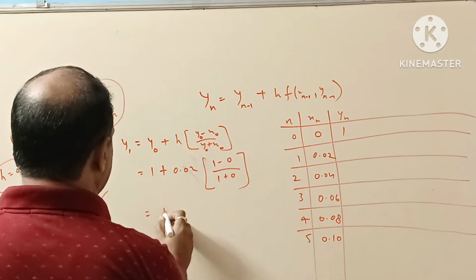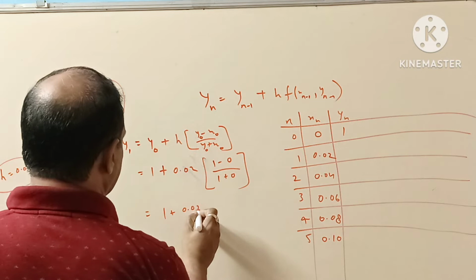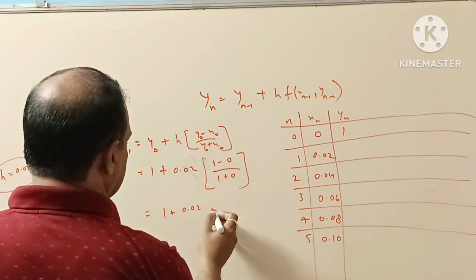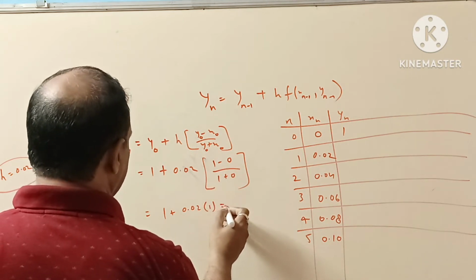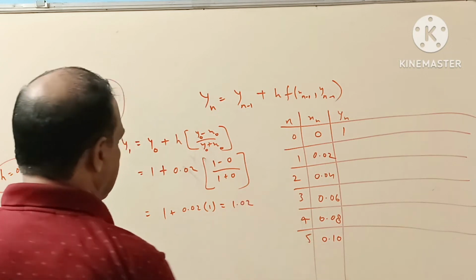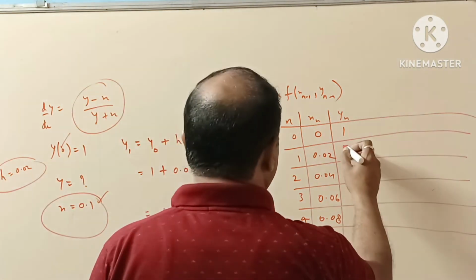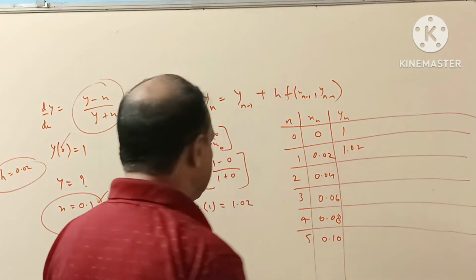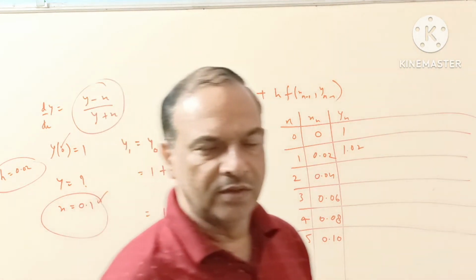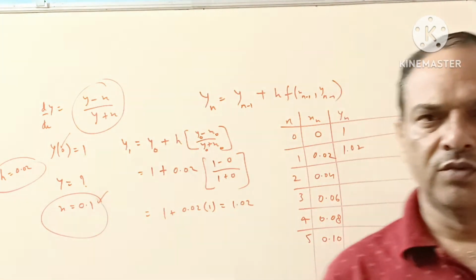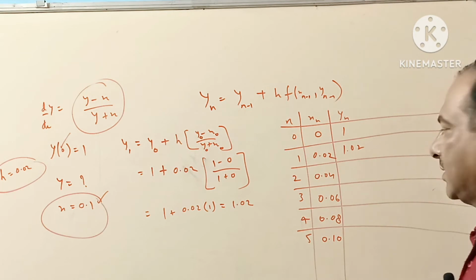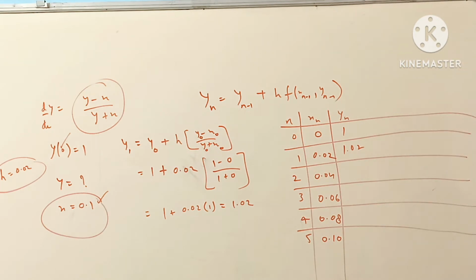What you will be having is 1 plus 0.02 times 1 over 1, which is again 1, and if you add both of them, it will give you 1.02. So therefore, the value of y1 is 1.02. This is the value of y1 corresponding to x1, where x1 is equal to 0.02, and we are having y1 as 1.02.